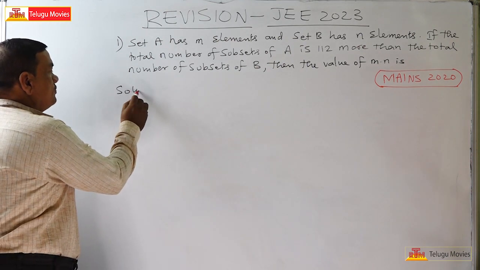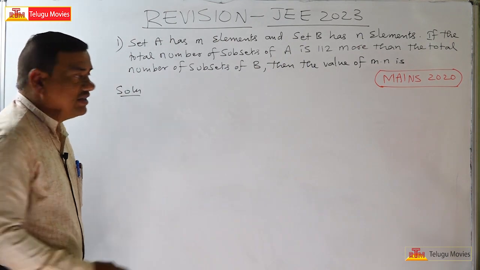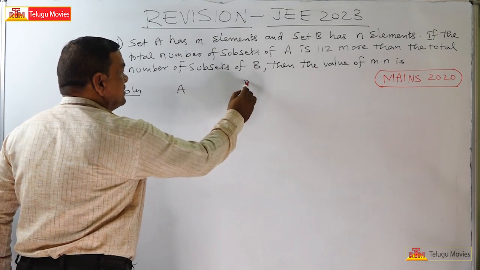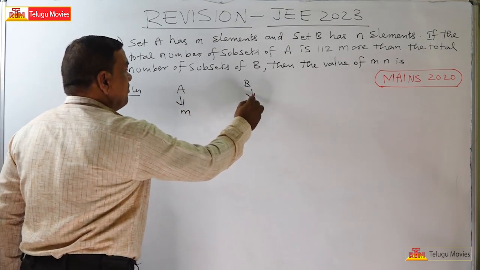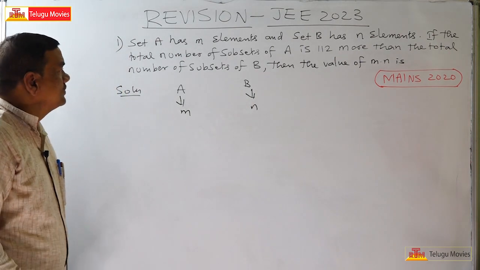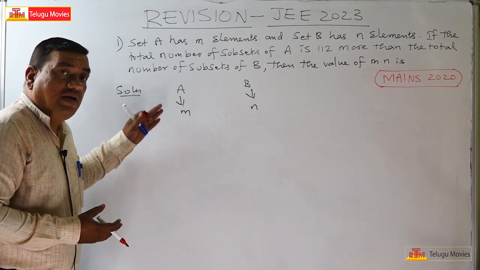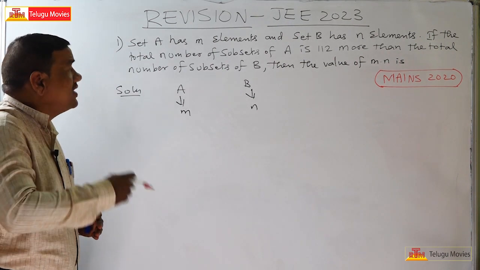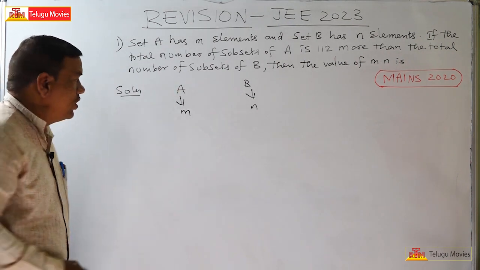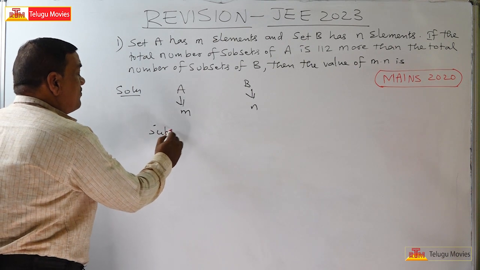Solution. There are two sets, set A and set B. Set A has m elements and set B has n elements. The number of subsets of A is 112 more than the number of subsets of B. What is the number of subsets of A?